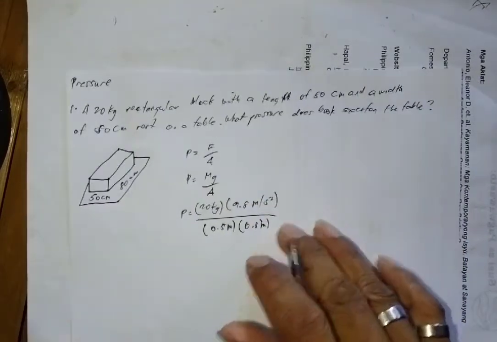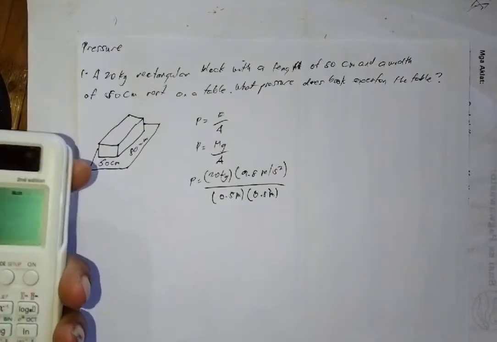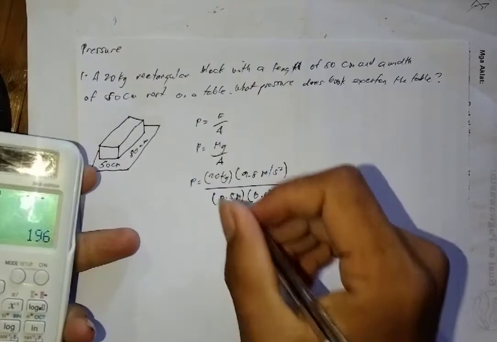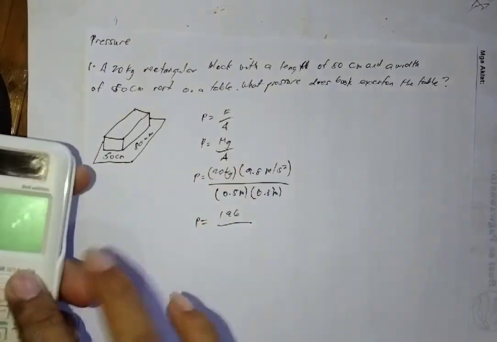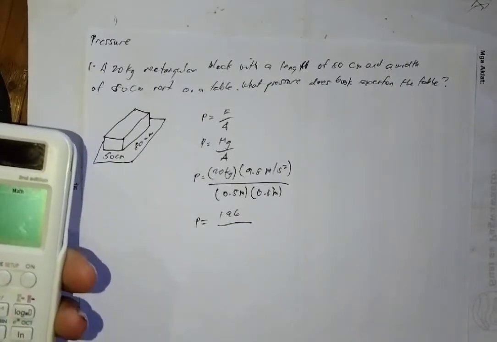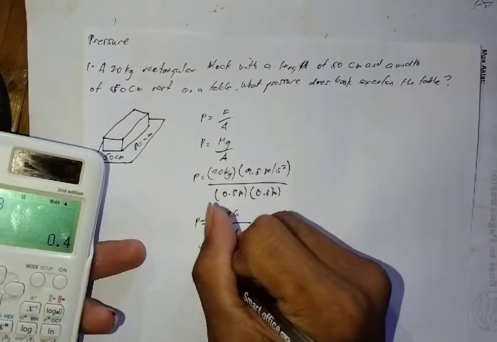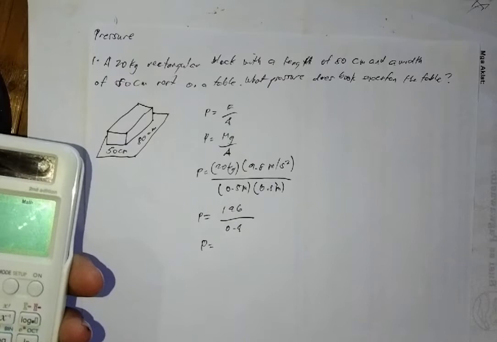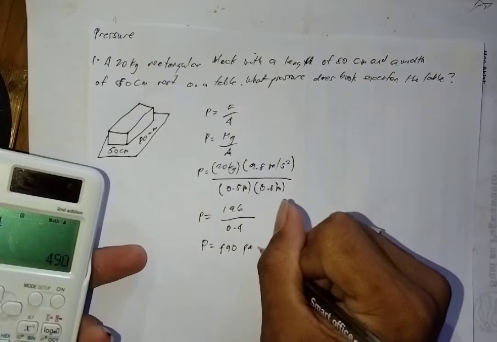And now let's solve. 20 times 9.8 is equal to 196, over 0.5 times 0.8 is equal to 0.4, and our P is 196 divided by 0.4 is equal to 490 Pascal.